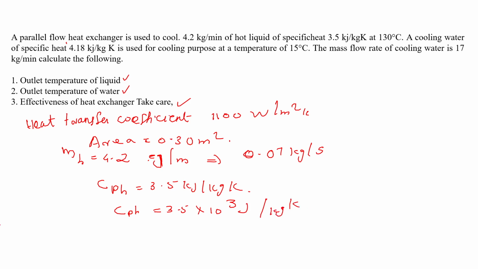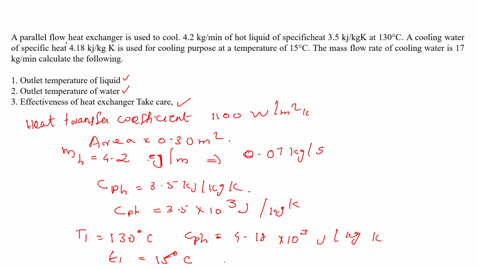Now the inlet temperature capital T1 is given, that is 130 degrees Celsius, and Cpc is given, 4.18 times 10 to the power 3, and small t1, the inlet temperature of cooling water, is given as 15 degrees Celsius, and the mass flow rate mc is given as 17 kilogram per minute. You can write that as 0.28 kilogram per second. So these many parameters are given already.